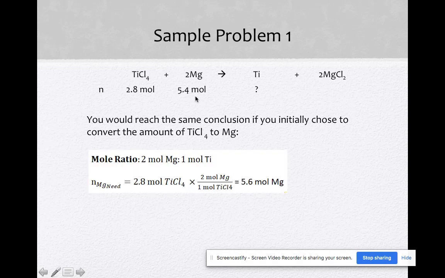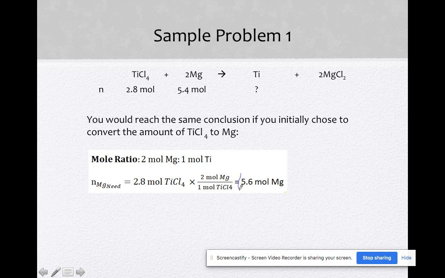And to do that, we know we have a 2 to 1 mole ratio. So from here, we're trying to solve for the amount of magnesium that we need. So we're taking 2.8 moles of titanium chloride, multiplying by 2 moles of magnesium over 1 mole of titanium chloride, and we get 5.6 moles of magnesium.